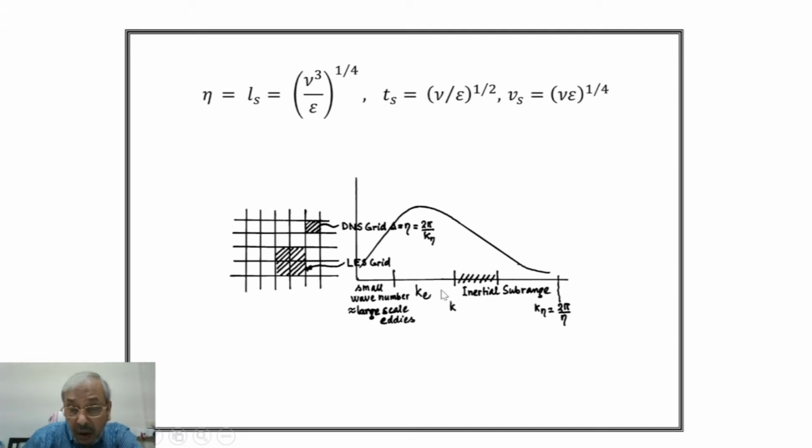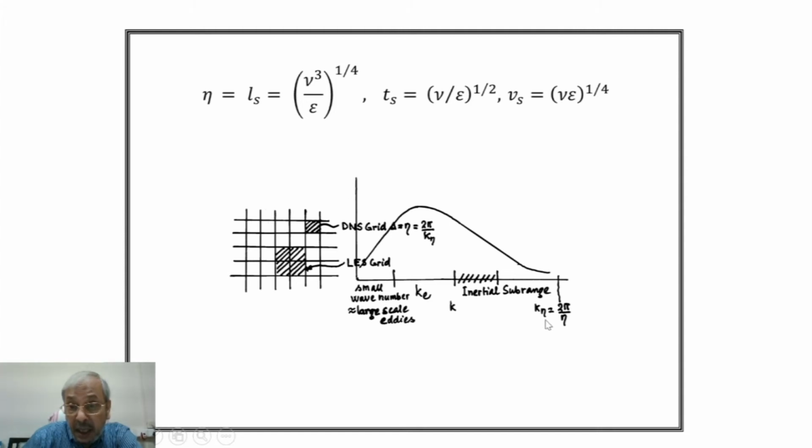Maybe on the wave number plane, the grid size will come in the inertial subrange, where the slope is k to the power minus 5/3 of energy.